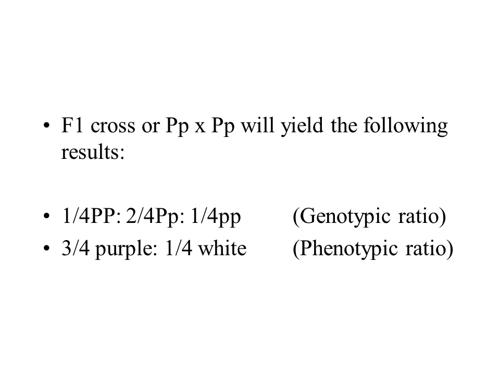An F1 cross, or heterozygous cross with another heterozygous, will yield the following results: 1/4 big P big P, 2/4 big P little p, 1/4 little p little p. That is the genotypic ratio. The phenotypic ratio is 3/4 purple, 1/4 white.